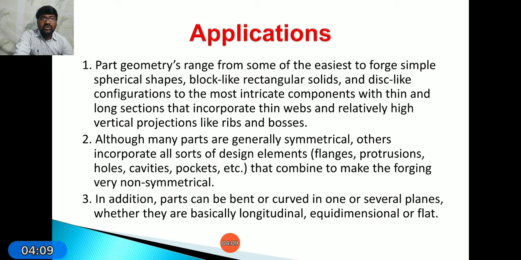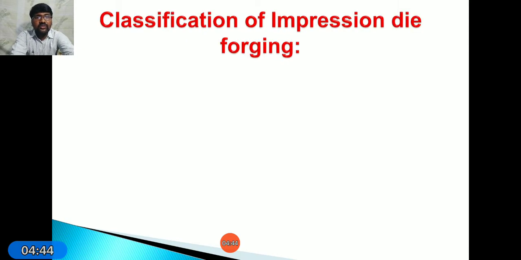Although many parts are generally symmetrical, others incorporate design elements like flanges, protrusions, holes, cavities, and pockets that combine to make the forging very non-symmetrical. Such parts can also be made using this process. In addition, parts can be bent or curved in one of several planes, whether they are basically longitudinal, equidimensional, or flat. All these different shapes can be made using this process. These are the different applications of the impression die forging process.